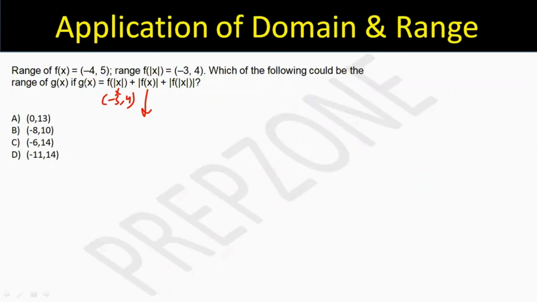Give me a moment. -4 to 5. It is 0 to 5, right? Why are you taking so much time? Soumya, it's a 2-second thing. f of x is -4 to 5, so its modulus will be what? Its modulus is nothing but 0 to 5. Right? And then what about this? Okay, this would be 0 to 4. So here open bracket, close, okay, open bracket we'll do later.